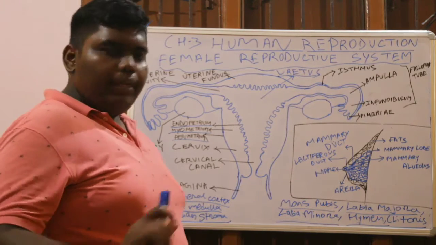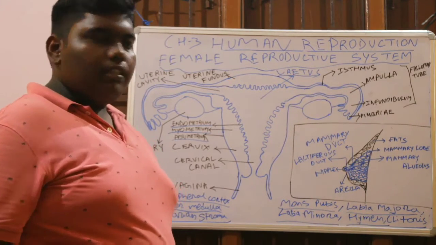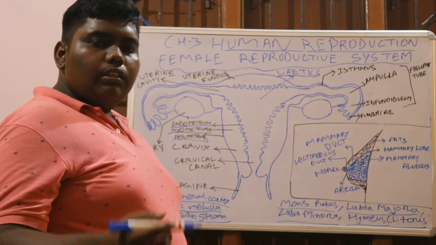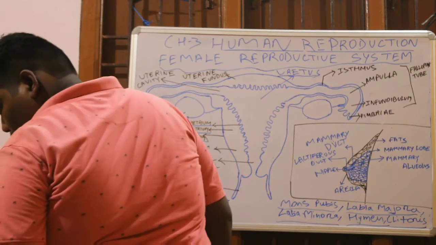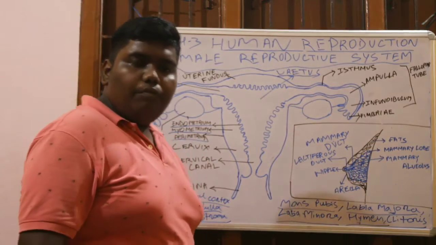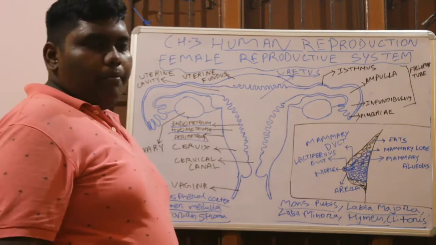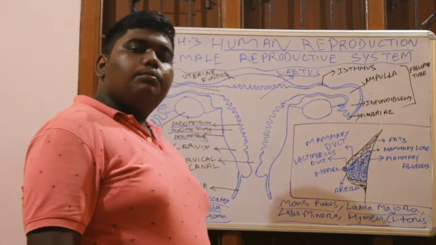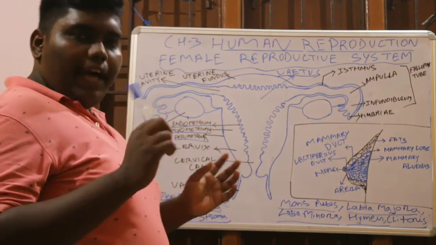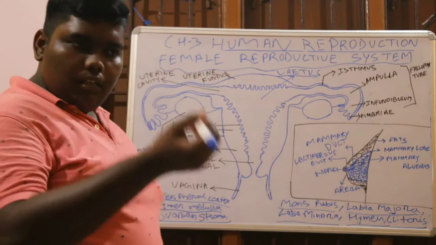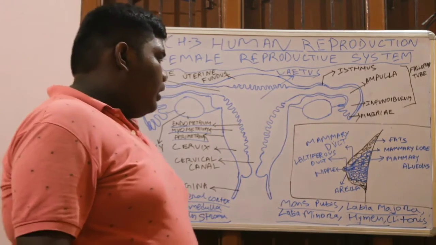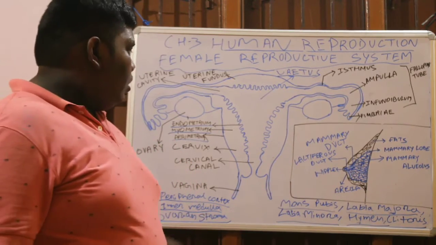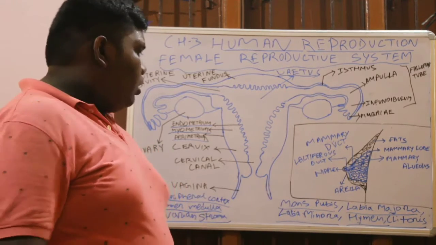But there is a very big misconception that the hymen is a significant indicator of virginity or sexual experience of a woman. Sometimes the hymen is still present after intercourse, and it is broken even before intercourse in the case of athletes or women who ride bicycles or horses. So this cannot be taken as a significant measure of a woman's virginity or sexual experience.